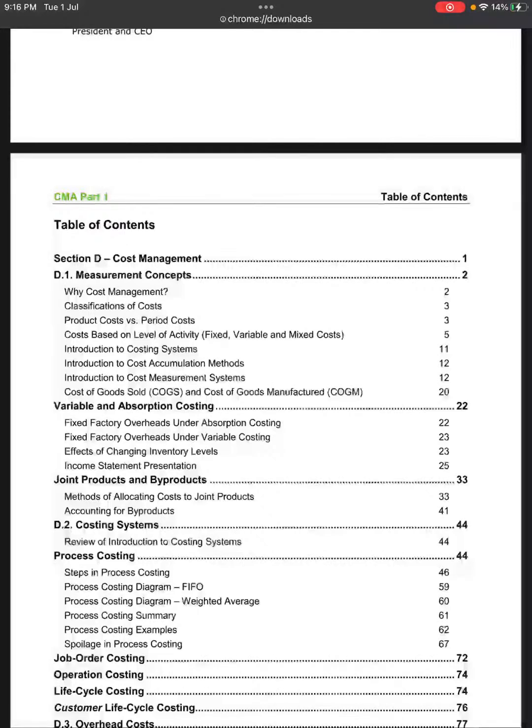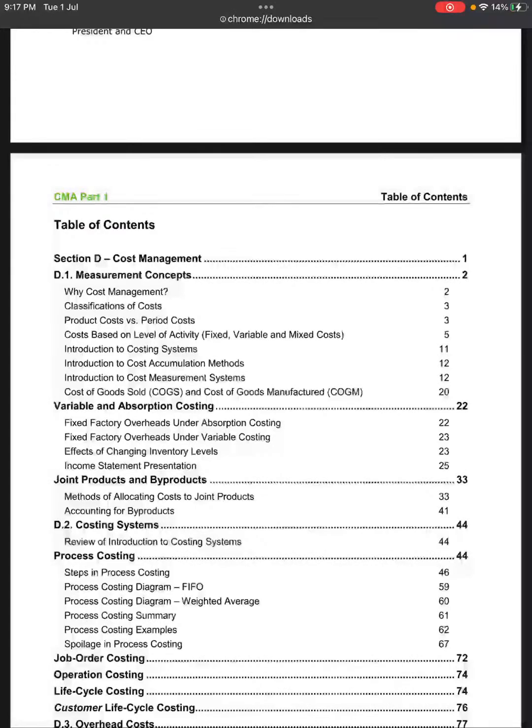We discussed product cost, especially that is directly related to the direct cost, and direct cost means direct labor, direct material, that is normally called the product cost.